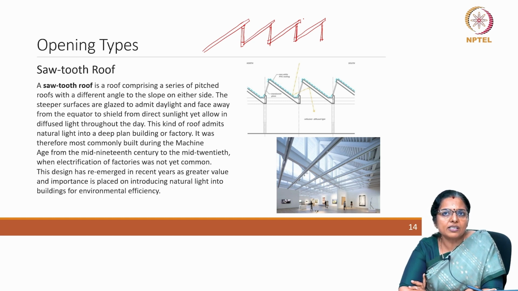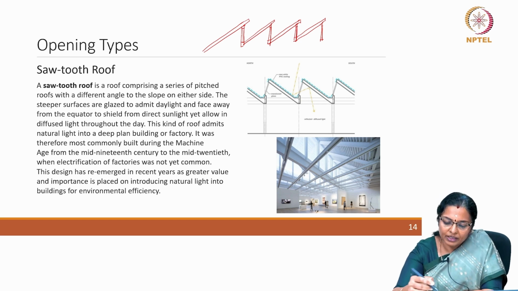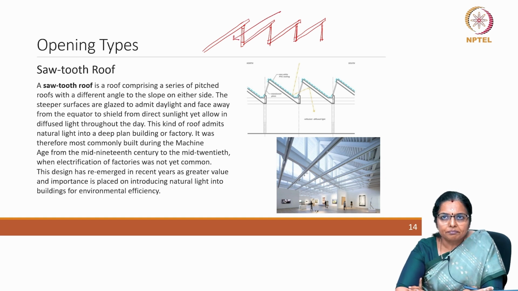The steeper surfaces are glazed to admit daylight like this and face away from the equator to shield from direct sunlight. Yet, they allow in diffused light throughout the day.